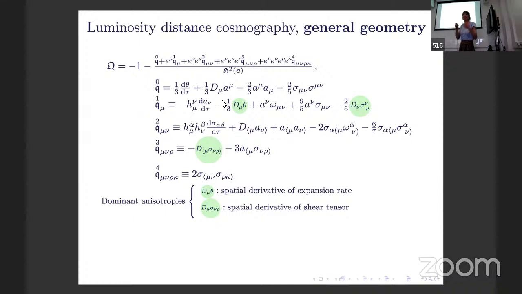So I think there is some smoothing, an implicit smoothing involved, because we're never going to describe things perfectly with a single congruence description. You will have all sorts of complicated physics on small scales, like caustics and merging of structures.